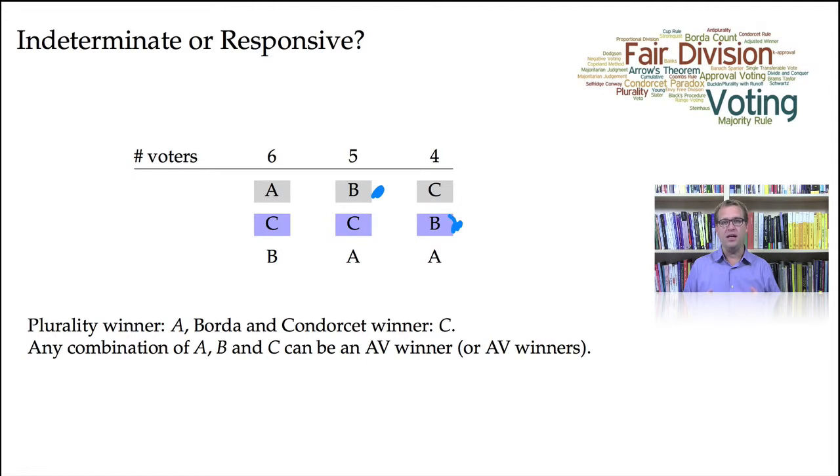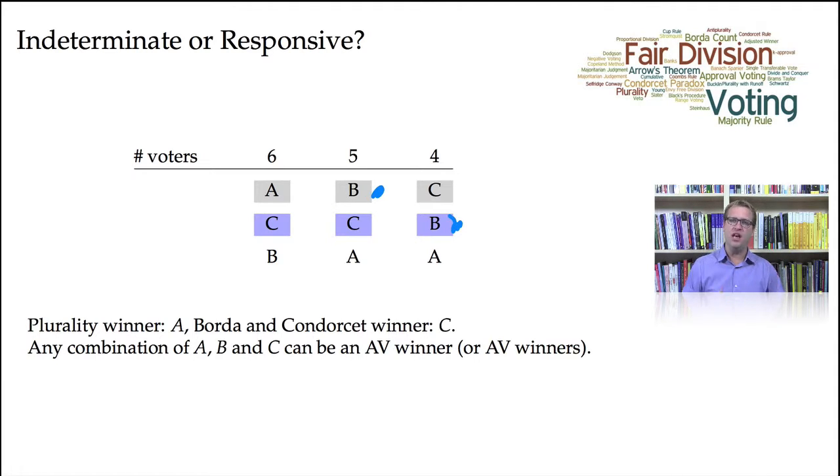So the flexibility here means, one way of interpreting that is that approval voting is very indeterminate because any possible combination of A, B, and C can be declared the winner under approval voting. So you may view this as a criticism of approval voting. On the other hand, I've tried to make a big deal that approval voting is actually asking different information from the voter.